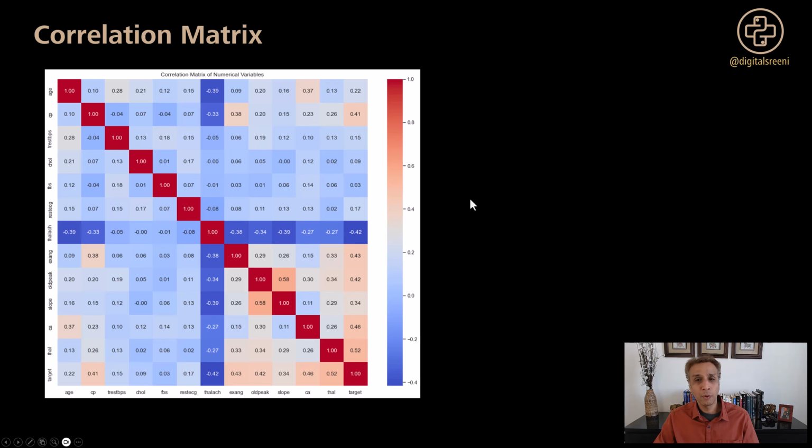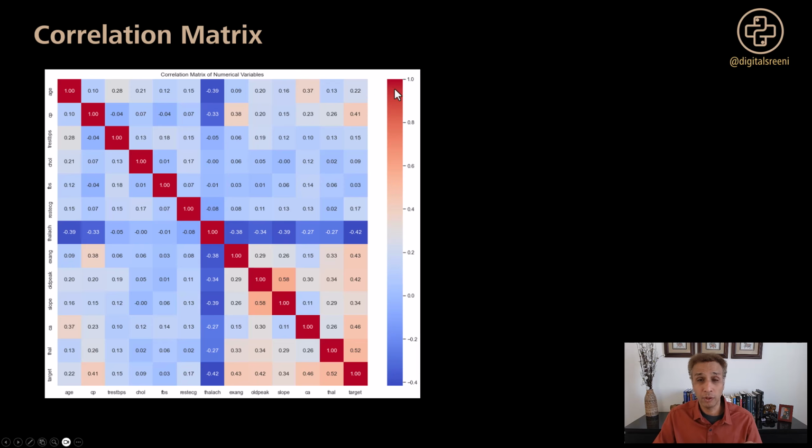Now, before jumping into code, one final thing: it's very common to look at a correlation matrix when you have a lot of parameters, or attributes, as you can call them. The correlation matrix is pretty easy to understand. In this graphic, it goes from dark blue to dark red. Blue is negative correlation.